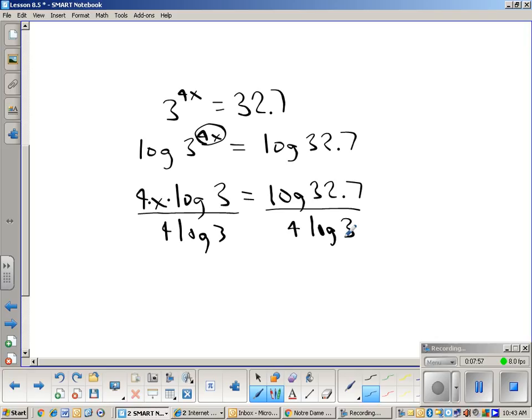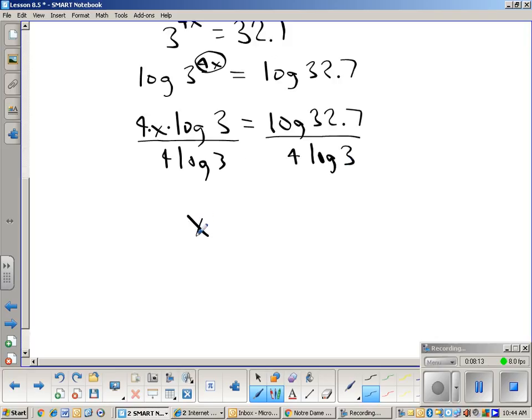We don't need our graphing calculator to solve this. All right? Now here's the problem. We could all plug this in our calculator. We may not all get the same answer. So let's do that right now. I'll pause while you do that. And I want to know that we get the same answer. Okay?